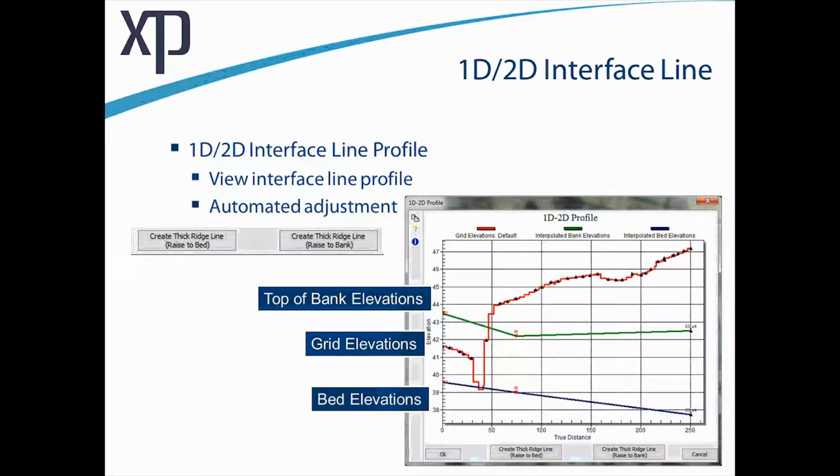And we can do that either by bringing those 2D elevations to match the top of bank, or to match the bed elevations. So there's two buttons on the form that will allow us to automatically create those break lines or ridge lines. Of course, you can also use this simply as a flag for you to then go and investigate this particular area of the 2D surface and manually make any adjustments that you might want to make.